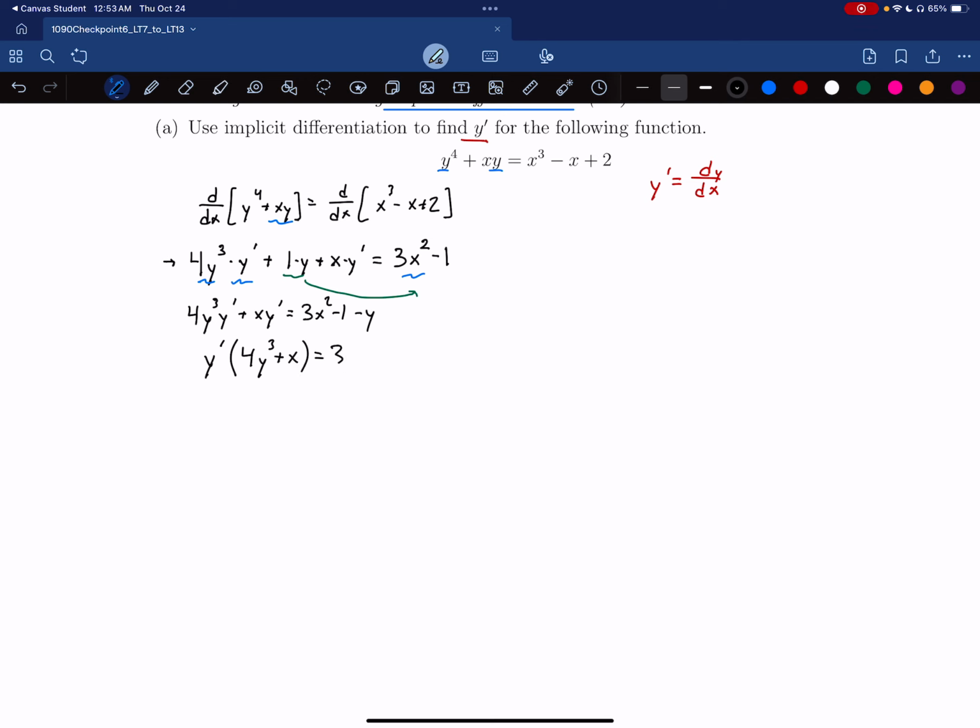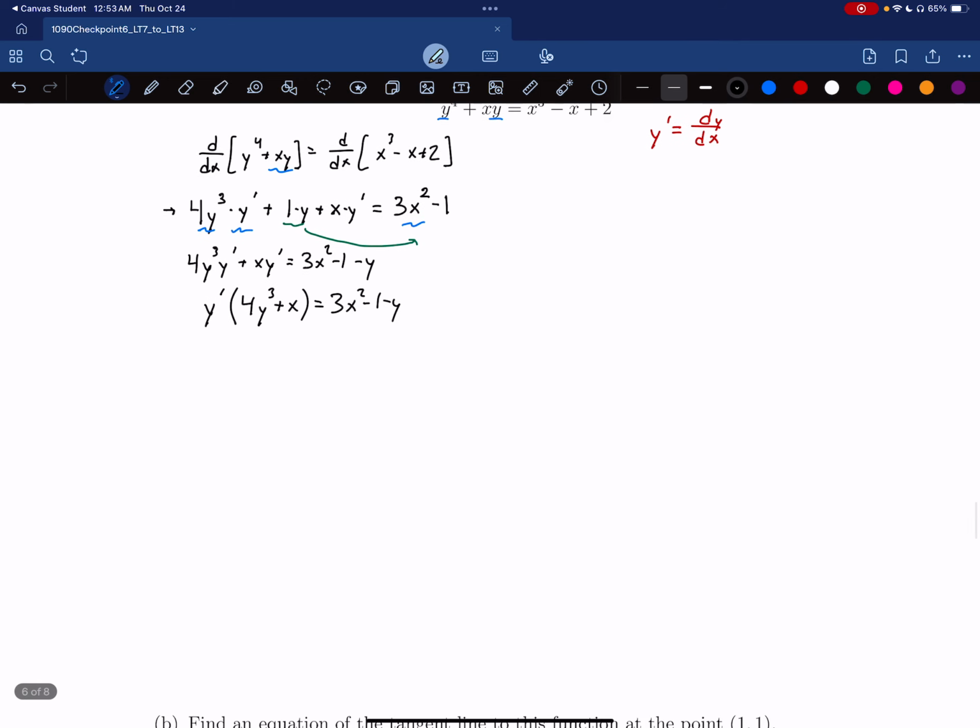And on the right side, 3x squared minus 1 minus y. And then finally, we can just divide over that big chunk to get y prime by itself. We'll have 3x squared minus 1 minus y all over 4y cubed plus x. And that is our answer.